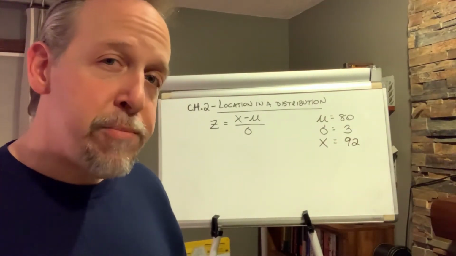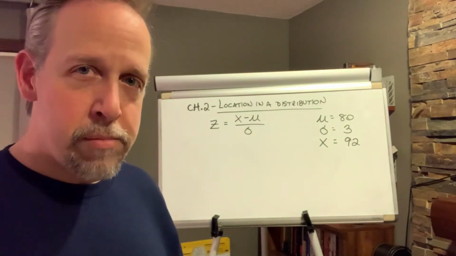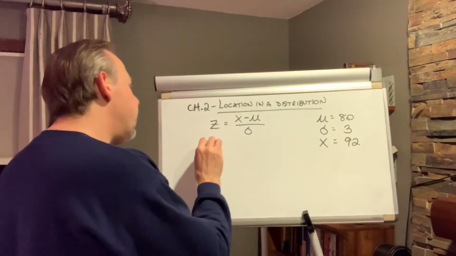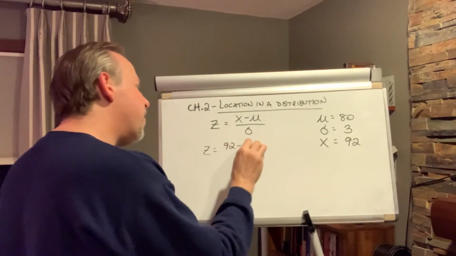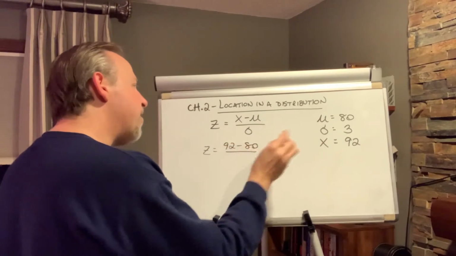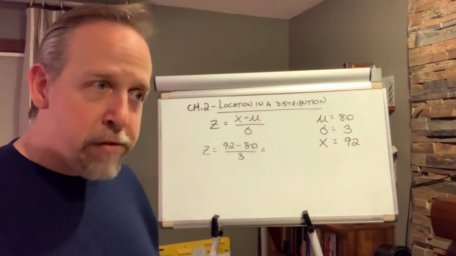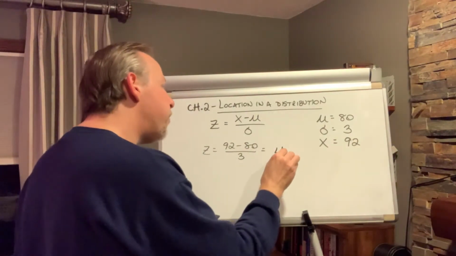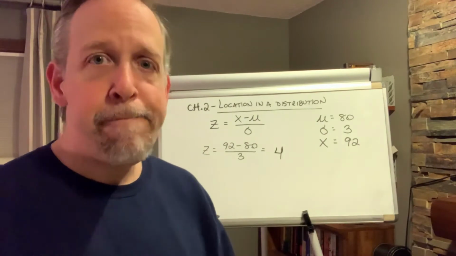Again, it's a standardized measure that tells the viewer how far from center they were. So let's plug that in. Your Z-score is equal to your score of 92 minus the mean score of 80 divided by the standard deviation of 3. 92 minus 80 is 12. 12 divided by 3 is 4. Your Z-score is 4.